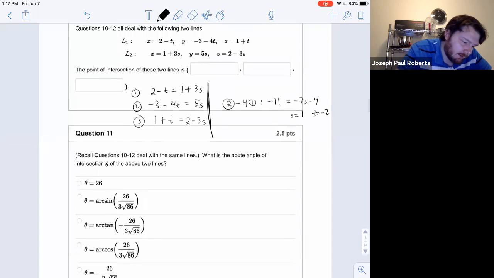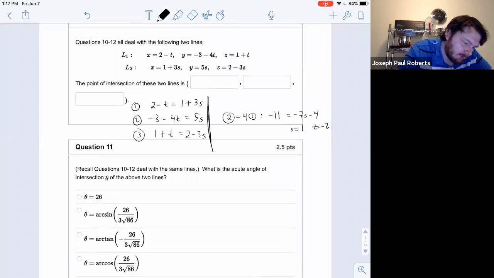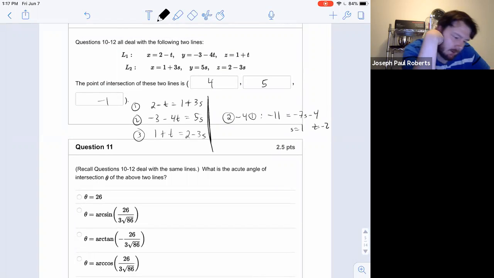And so you plug that into all three, and you can confirm that yeah, it does in fact work in the third equation. If s is 1, let's just plug that in. So if s is 1, we get 4, 5, negative 1. And then if you plug t equals negative 2 into the L1 equation, you'll get 4, 5, negative 1.